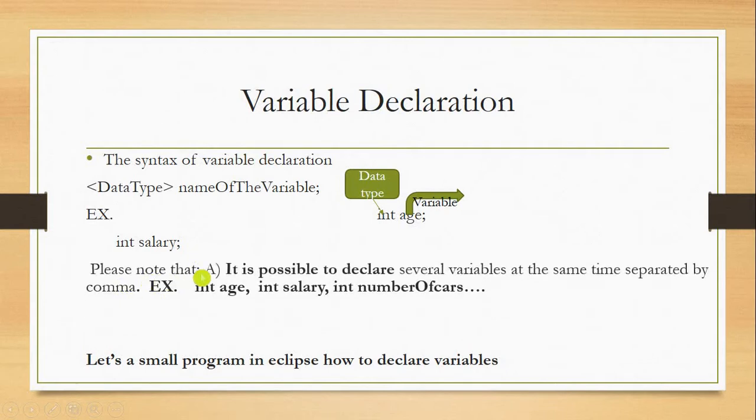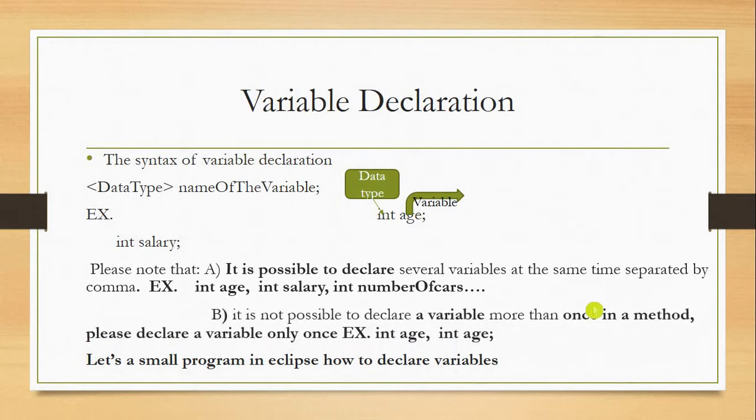Please note that it is possible to declare several variables at the same time separated by comma. Example, you can declare int age, salary, and numberOfCars at the same time separated by comma. But it's not possible to declare a variable more than once in a method.